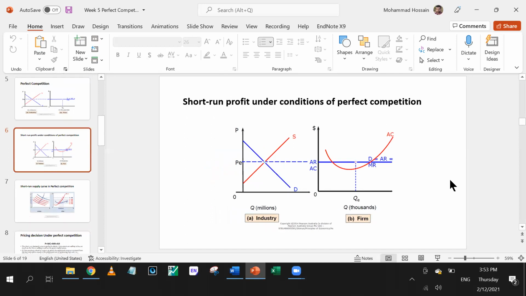Now, we'll talk here first about short-run profit under the conditions of perfect competition.